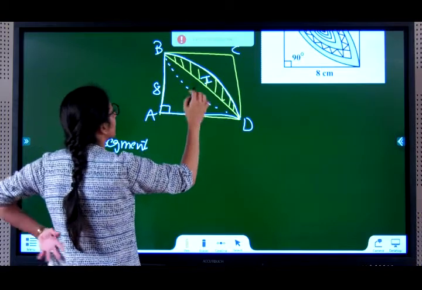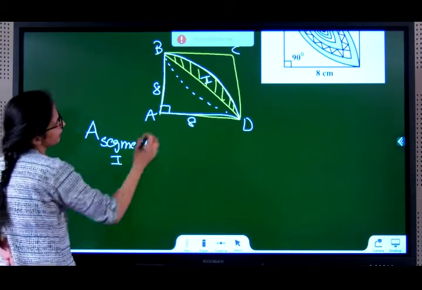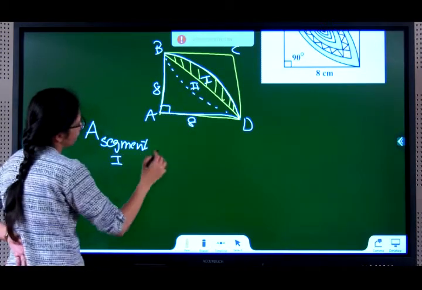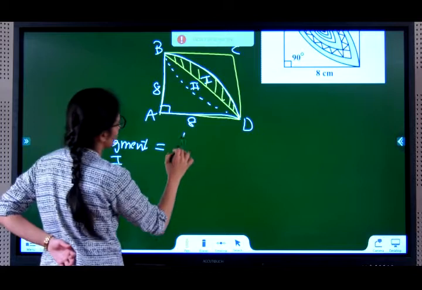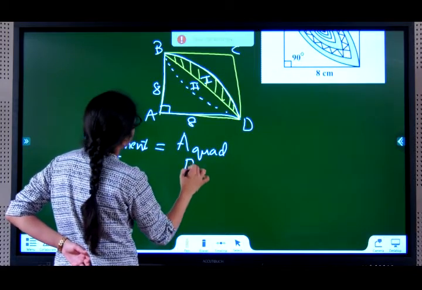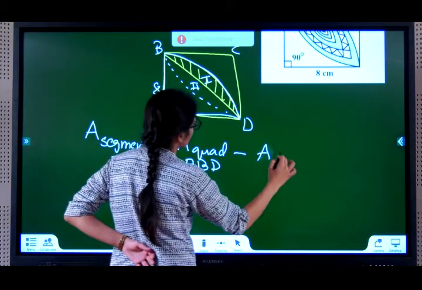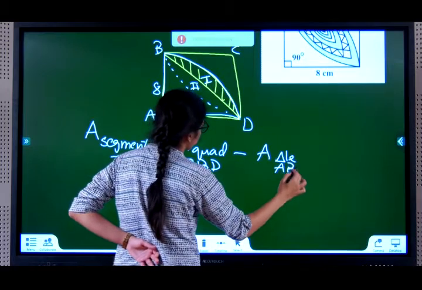Yes, section 1. Area of segment 1, and let's call this 2, is equal to area of quadrant ABD minus area of triangle ABD.